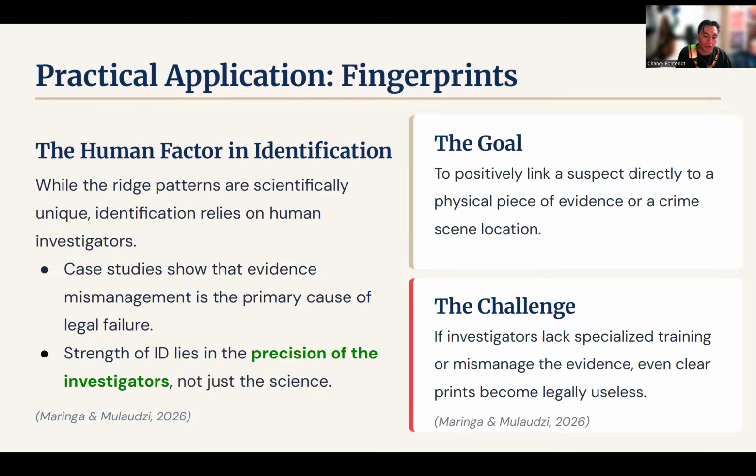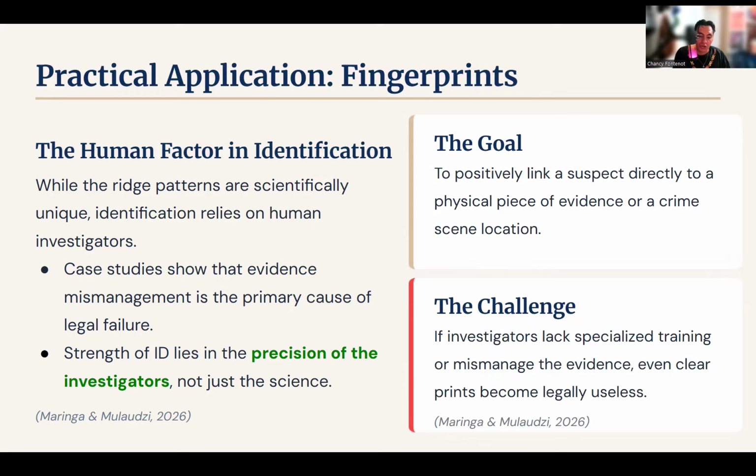When we look at how this applies in the real world, we have to talk about the human factor in this process. Even though ridge patterns are unique biology, identifying them is a human process. And this is highlighted by a study by Moringa and Maluadazi in their 2026 study.